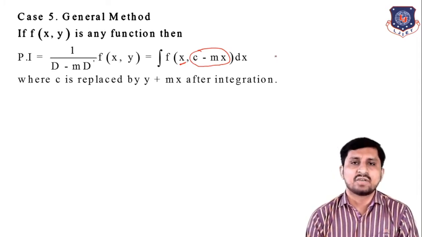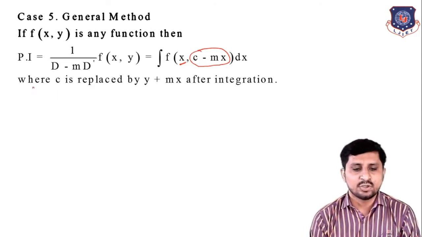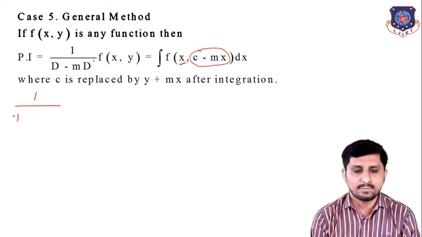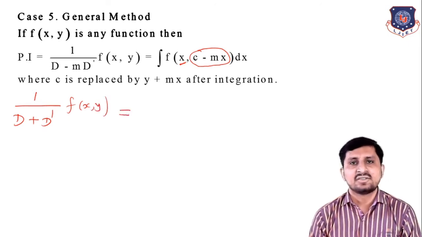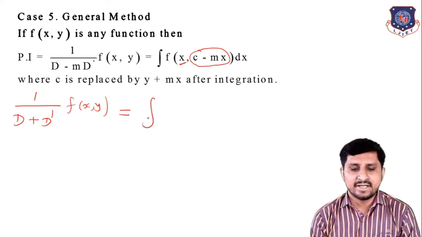Let me give you one or two examples. Suppose your function is 1 upon D plus D dash on f of x, y. So in that case, what is your integration of f of x?